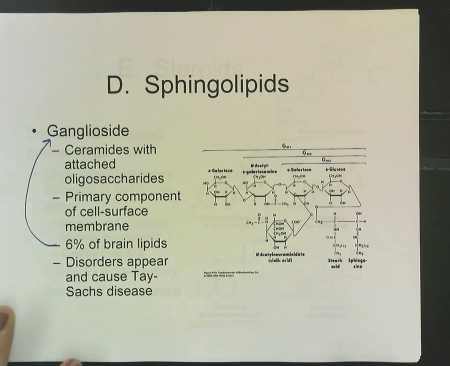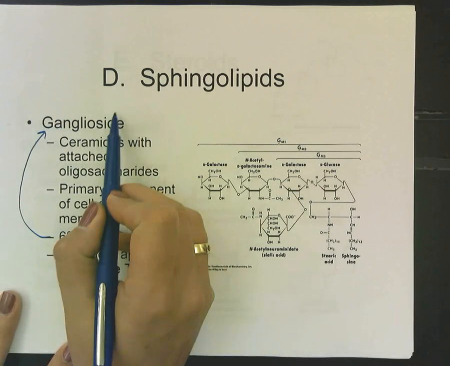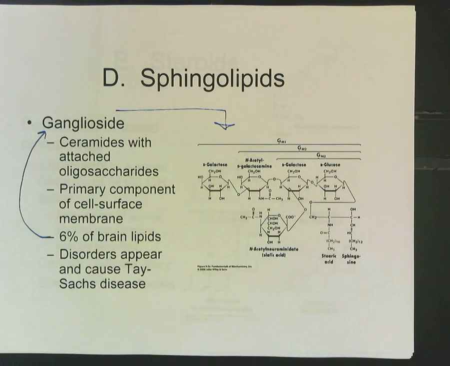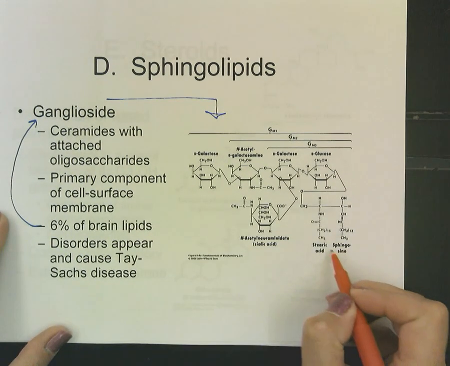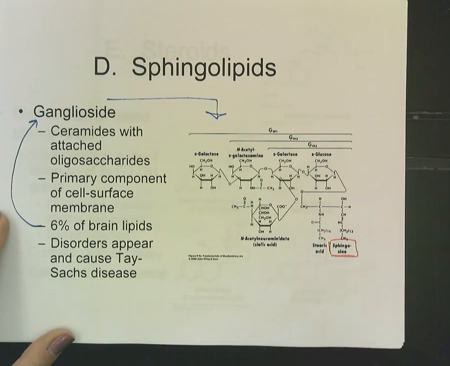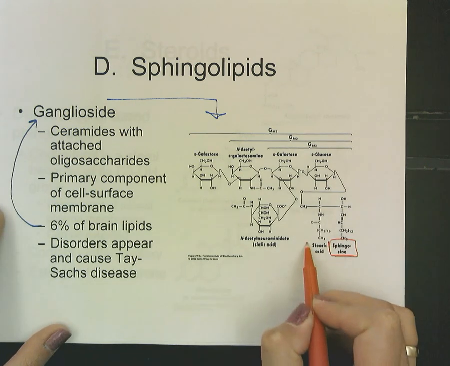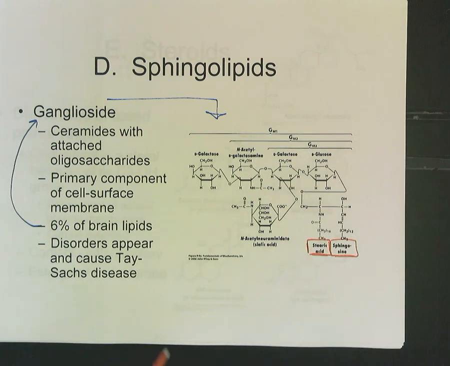So ganglioside is made up of a few things. So this over here is ganglioside. Here is the sphingosine, which we just looked at, which is that fatty acid. It also has stearic acid, which is the other fatty acid.